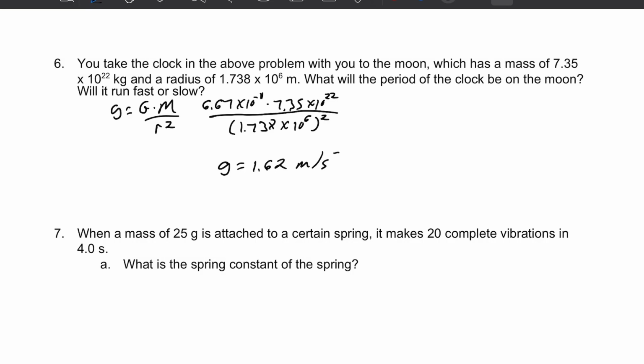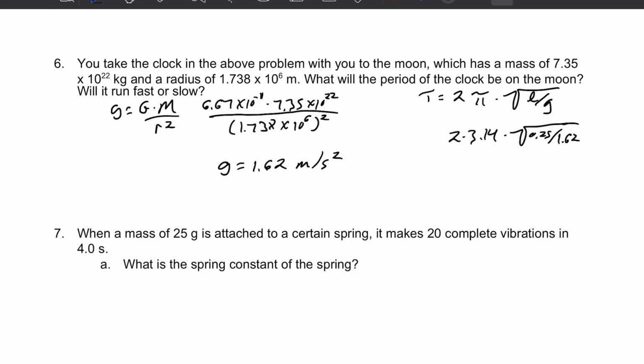Now that we have little g, let's go back to our period formula. Our period formula being T is equal to 2 pi times the square root of L over g. Pi being 3.14, L being 0.25, and g being 1.62. 2 times pi times the square root of 0.25 divided by 1.62.